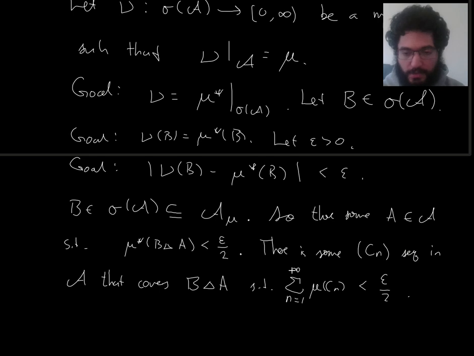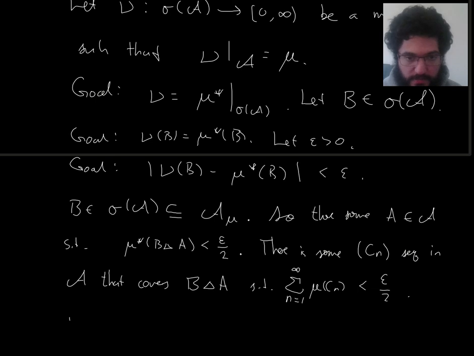So there's an approximation from above that is less than epsilon over 2. Okay, so that's good. That's our setup. And remember, our goal was to prove that nu B is no more than epsilon away from mu star B.